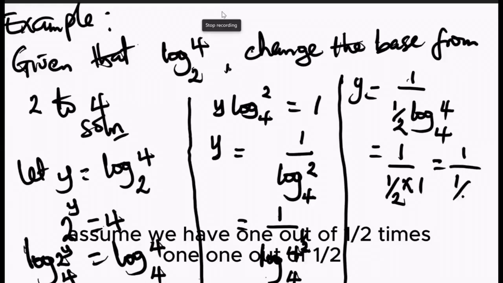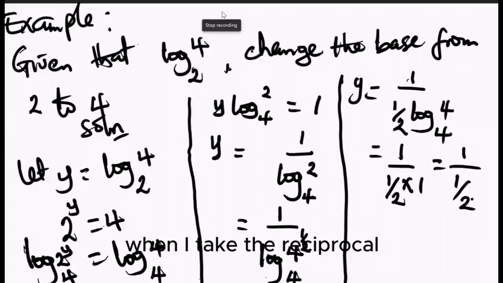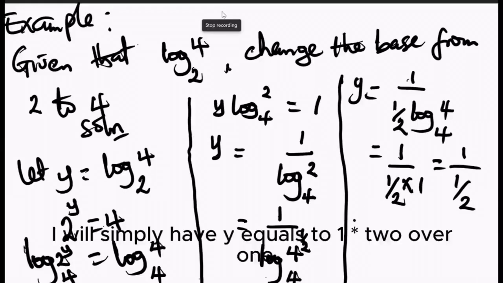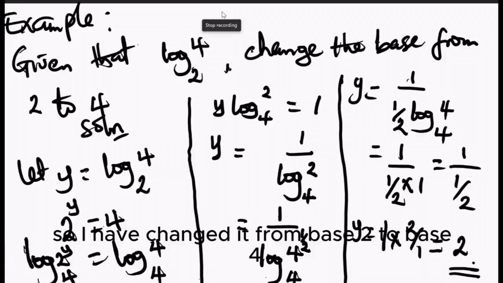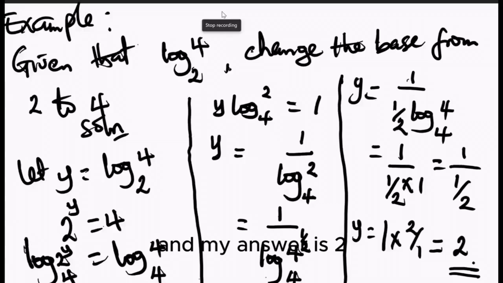When I take the reciprocal, I will simply have y equals 1 times 2 over 1, which is the same as 2. So I have changed it from base 2 to base 4, and my answer is 2.